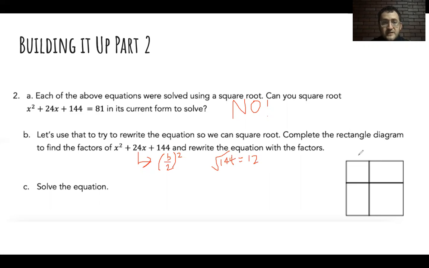So basically, if we were to factor this, I would have x plus 12 times x plus 12. And x times x is going to be x squared. And this is going to be 12x, and this is going to be 12x as well. And then 12 times 12 is 144.